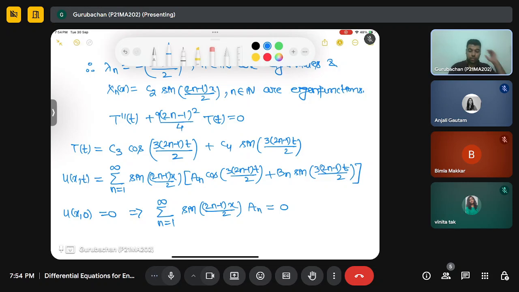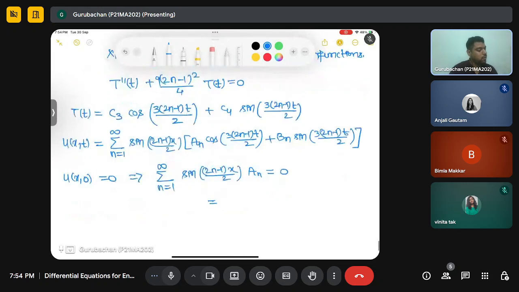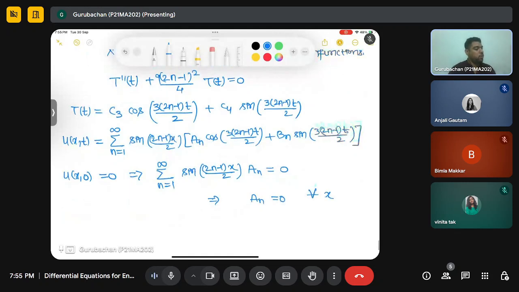From here you can conclude that a_n has to be 0 for all x and for all n.